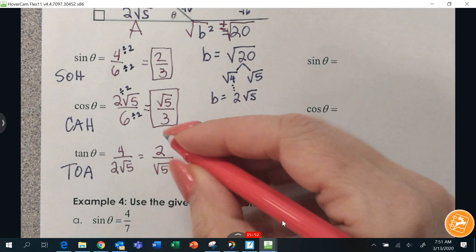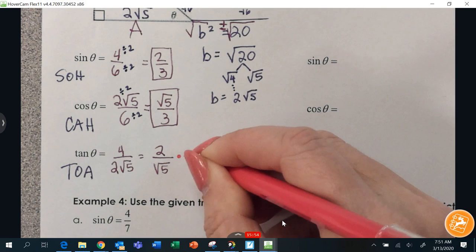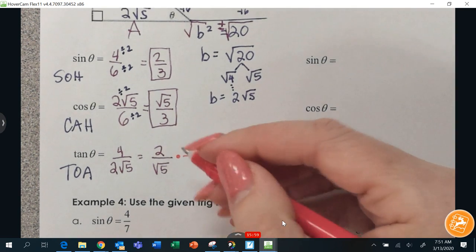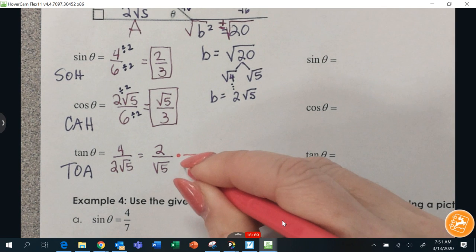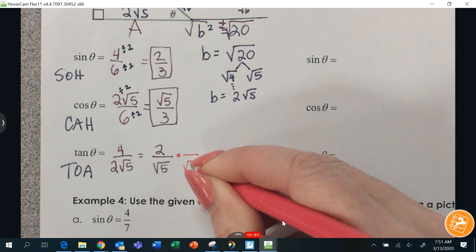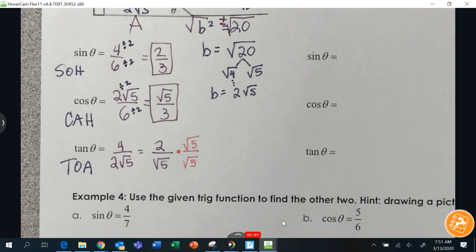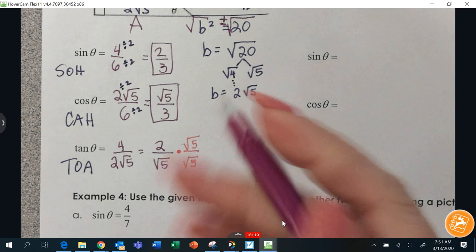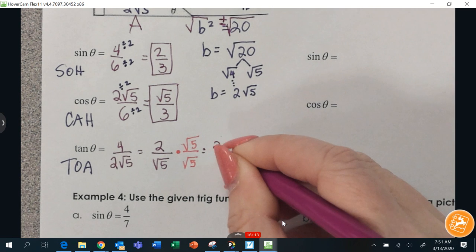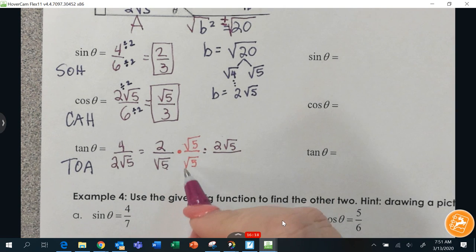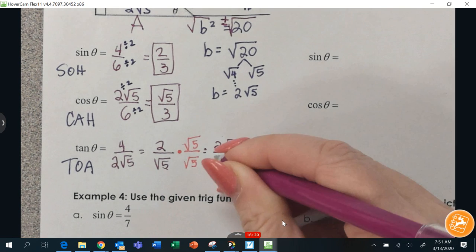So we have to multiply by a value of 1. We have to multiply a number on top and bottom. That does not change the value, but changes the appearance. Remember in class, we were multiplying by square root of 5 over square root of 5. I'm going to multiply straight across, and on top, 2 square root 5. On the bottom, I have square root of 5 times square root 5.